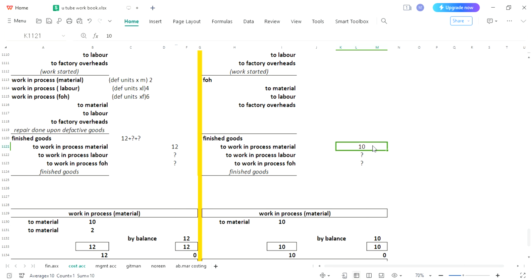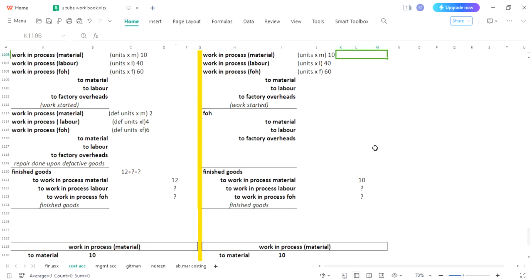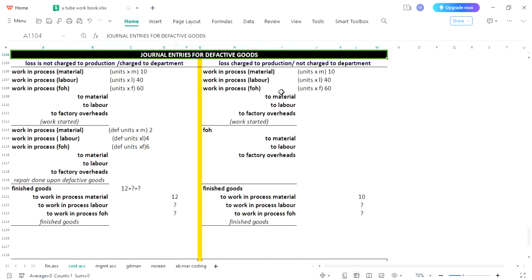If you can see, there was only one entry present in defective goods which was meant to be entered in the ledger. So instead of making a ledger, you could do it directly, but that doesn't mean you won't make it. I'm just giving you an option.